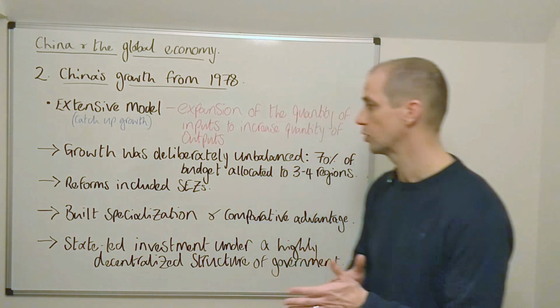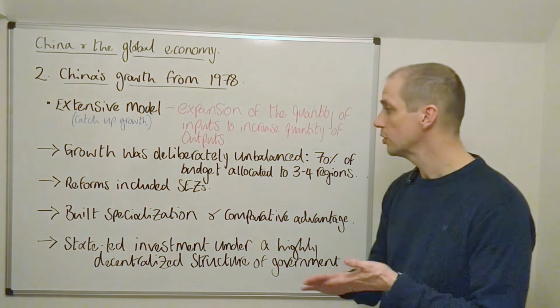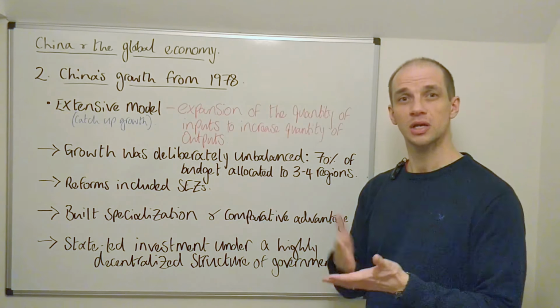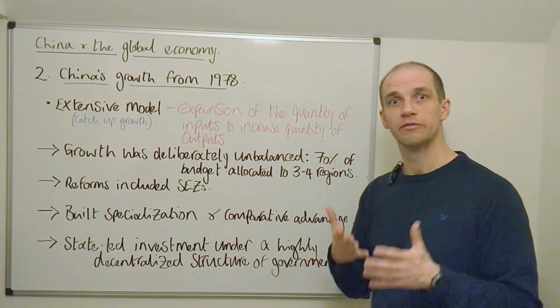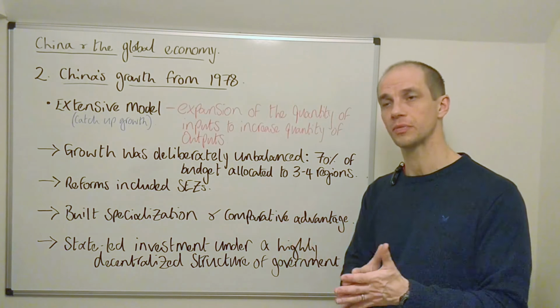Alright, so as we move on to our next point, we see reforms included special economic zones. Now those special economic zones allowed for the first time foreigners to invest in China.